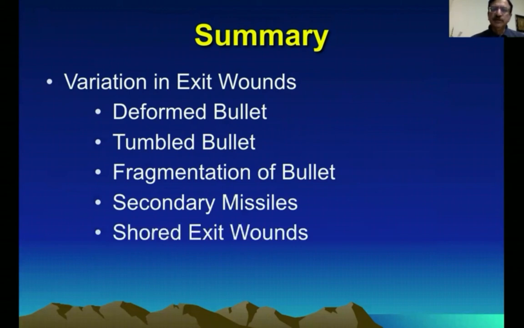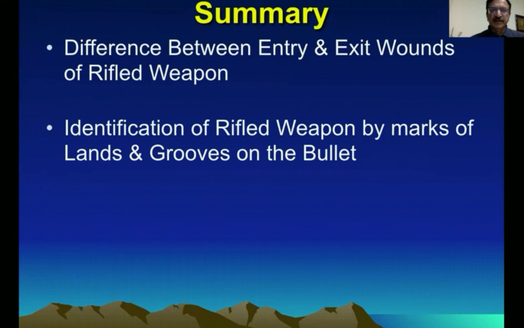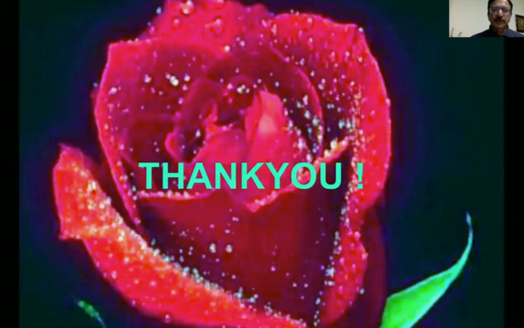And we discussed the shored exit wounds, and the differences between the entry and exit wound were discussed in this lecture. And identification of the rifled weapon by the marks of the lands and grooves on the bullet, which confirms the identity of the weapon.